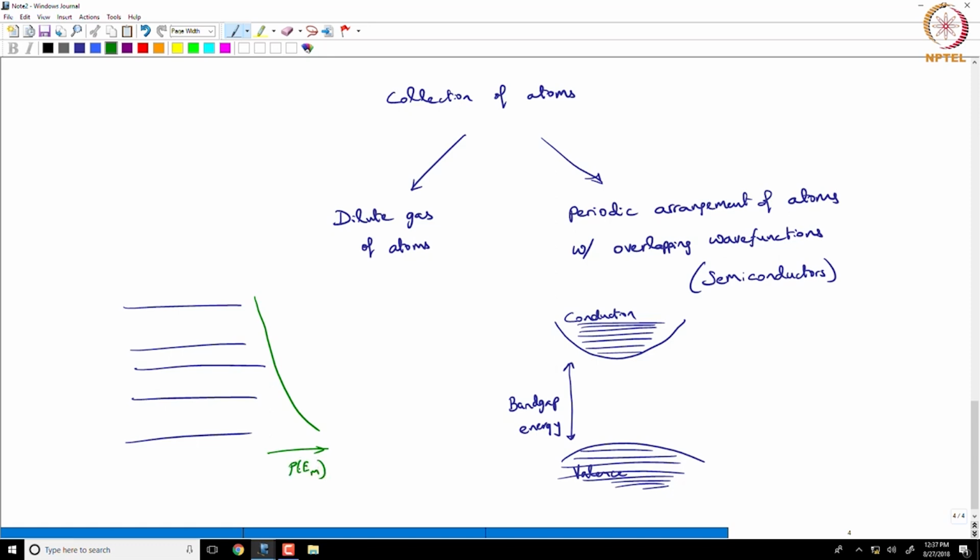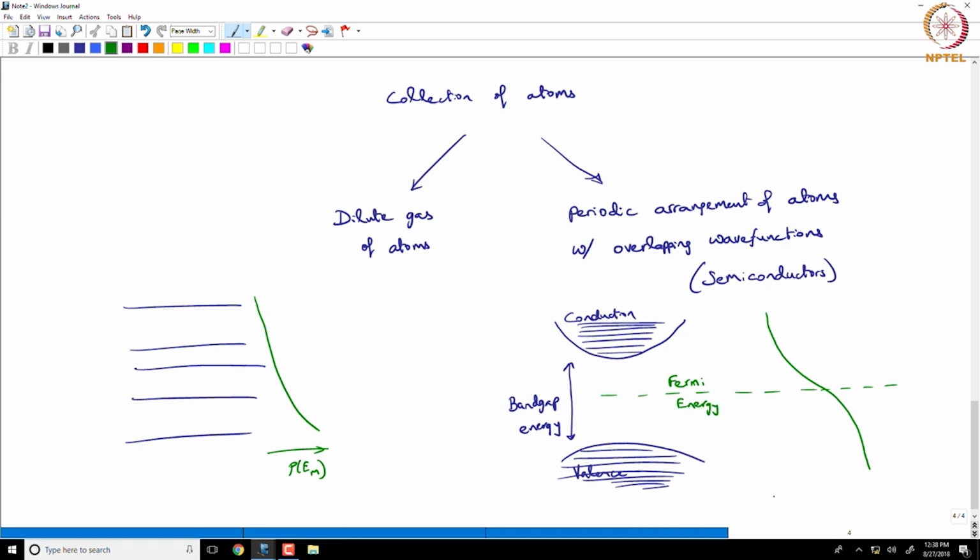So it's lower probability as you go to higher energy levels, but here it's not the same. What you have here is another distribution which hinges around a characteristic energy called the Fermi energy.